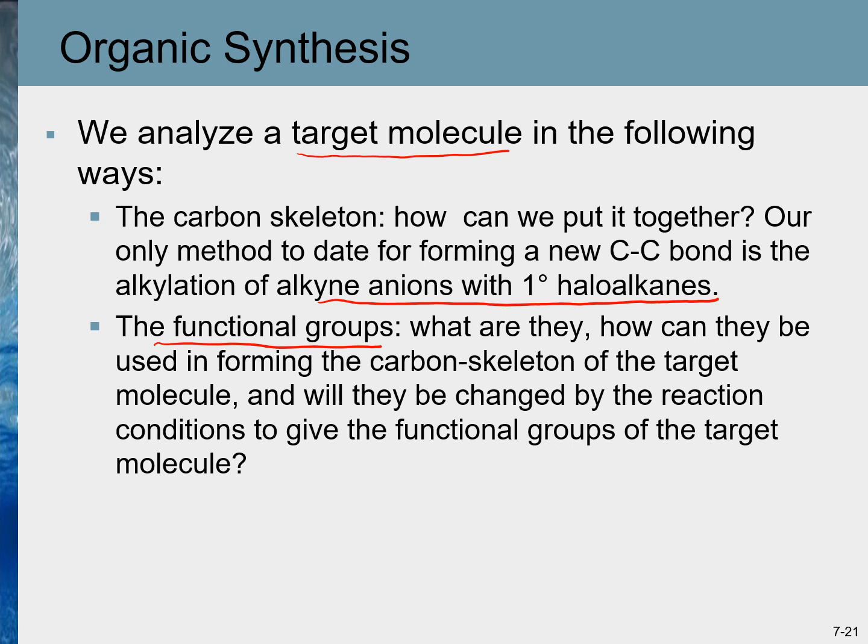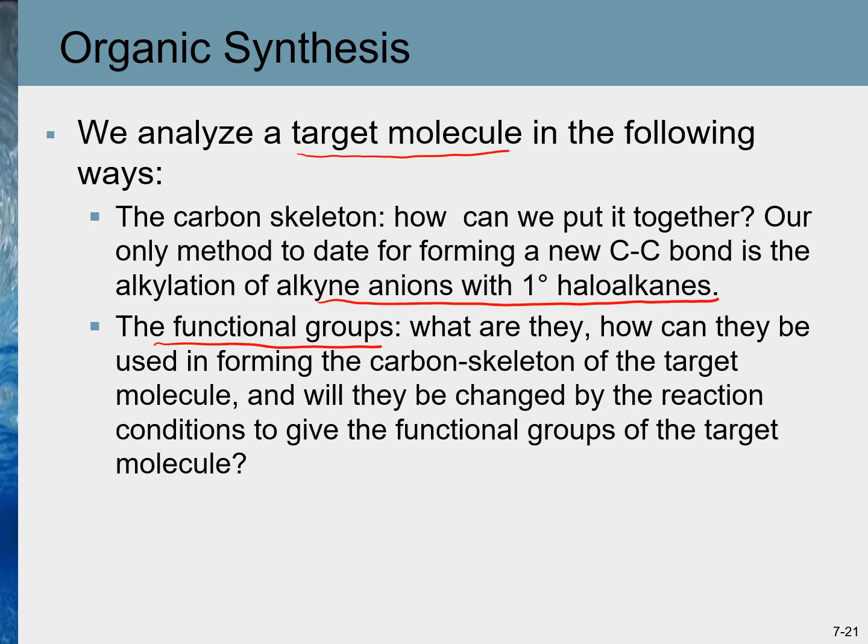For functional groups, we must know what they are, how they can be changed to facilitate formation of the carbon skeleton, and how they can then be changed to give the final set of functional groups in the desired product. Regiospecificity and stereospecificity are also important considerations in this analysis.